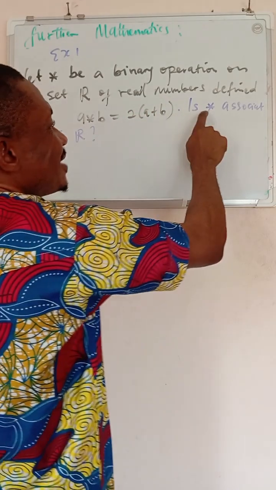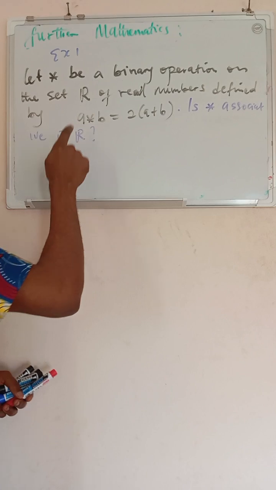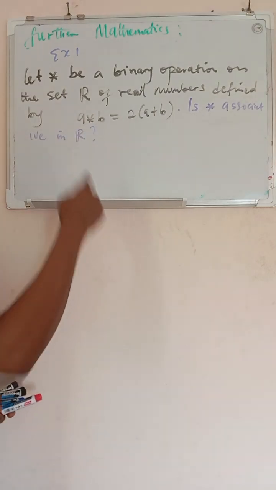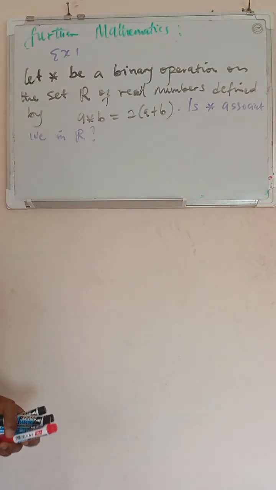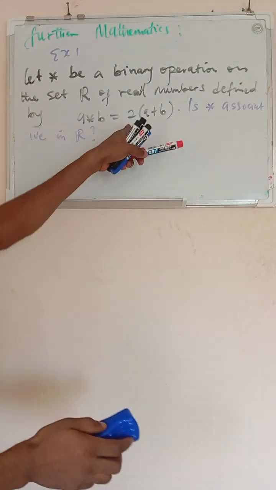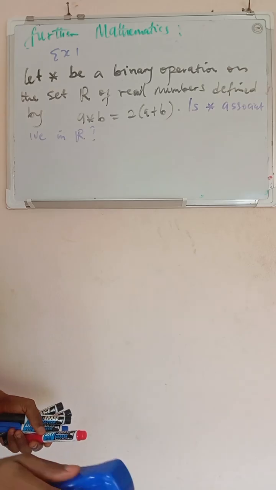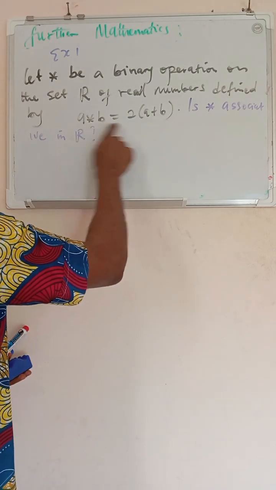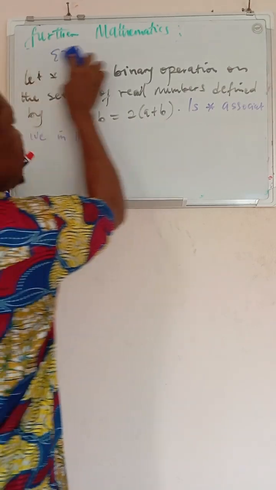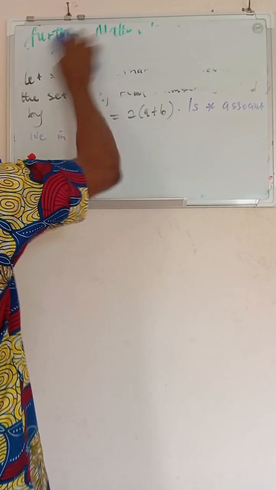Is this asterisk associative in R? R means the set of real numbers. So if you want to do this, remember the definition of associativity. Let me clean these boards in order to do it.